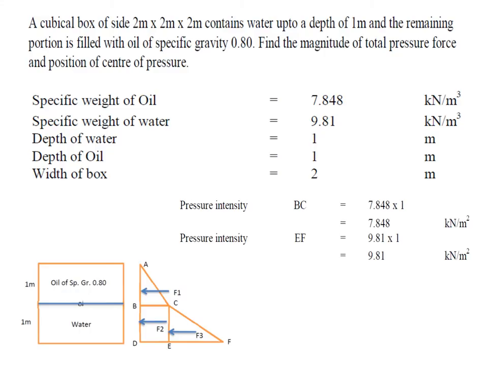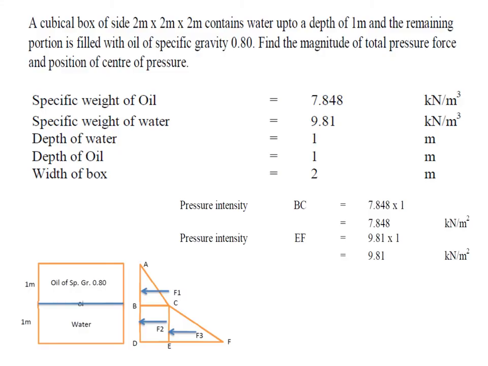So now what is the value of pressure intensity at D? That will be the pressure intensity at B, which was 7.848, plus the increase due to water. Because the depth of water is 1 meter, it is 9.81 into 1. So therefore the additional pressure intensity EF will be equal to 9.81 into 1.